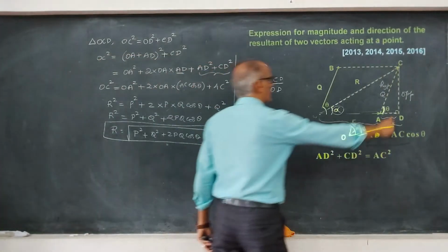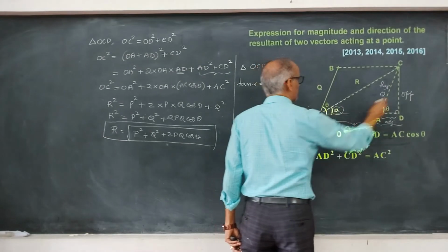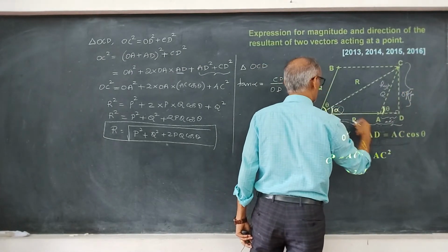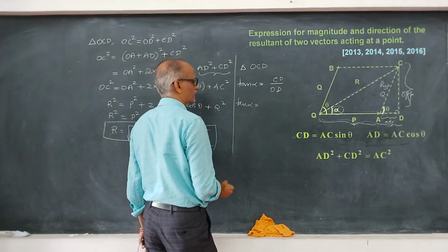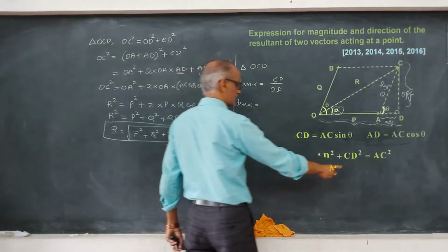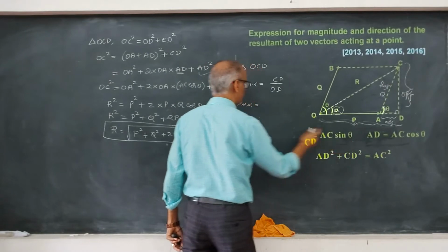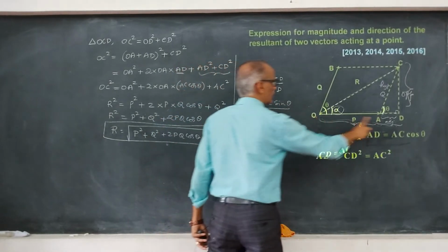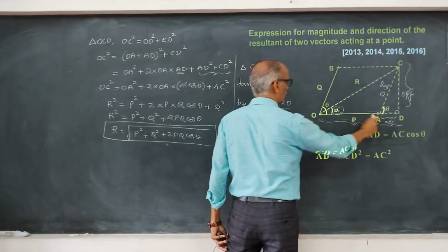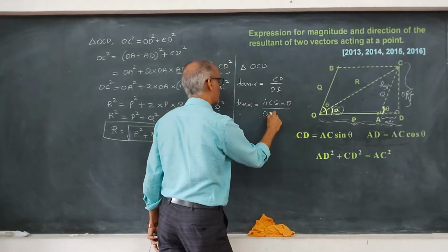It is the ratio of opposite by adjacent, clear? Opposite is this and this is the adjacent, okay. So tan alpha is equal to CD, which is nothing but AC sin theta, divided by OD, which can be split into two parts, OA plus AD.